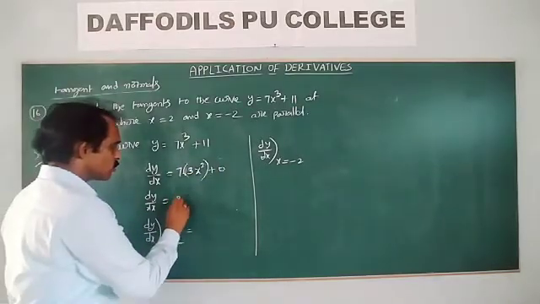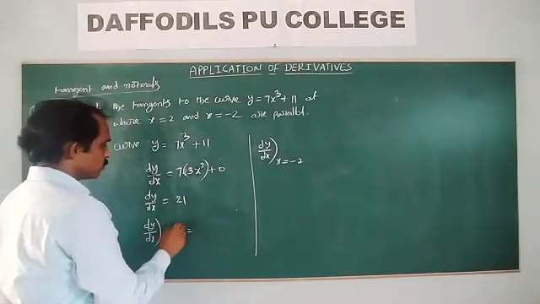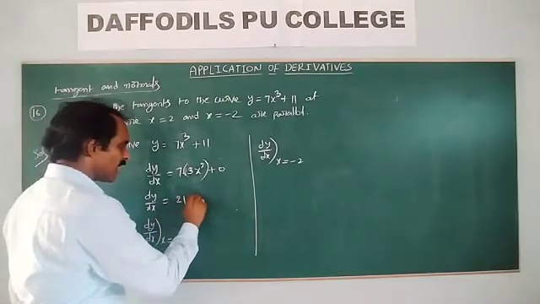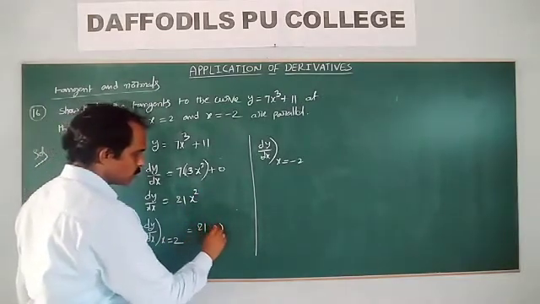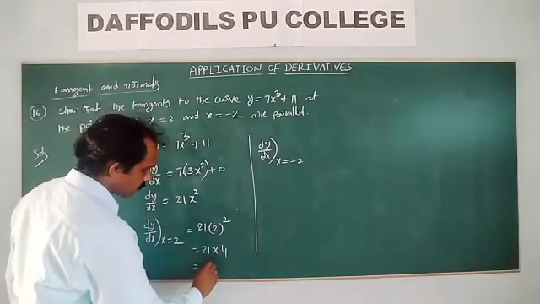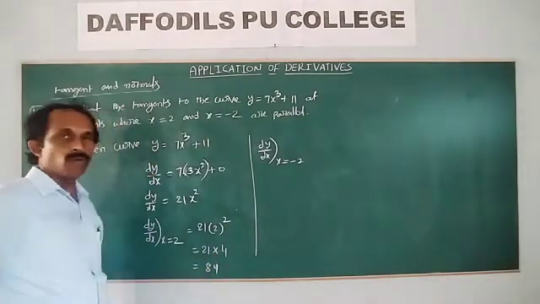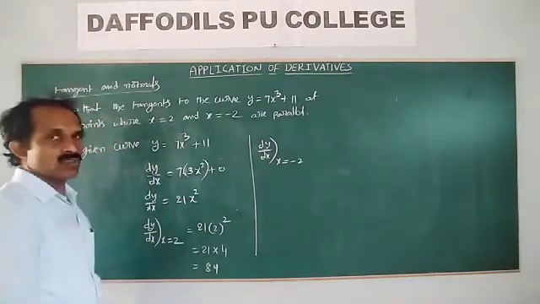Then 7 times 3 is 21, so 21x square. At x is equal to 2, that is 21 into 2 whole square, 21 into 4, therefore 84. 84 is the slope of the tangent at x is equal to 2.